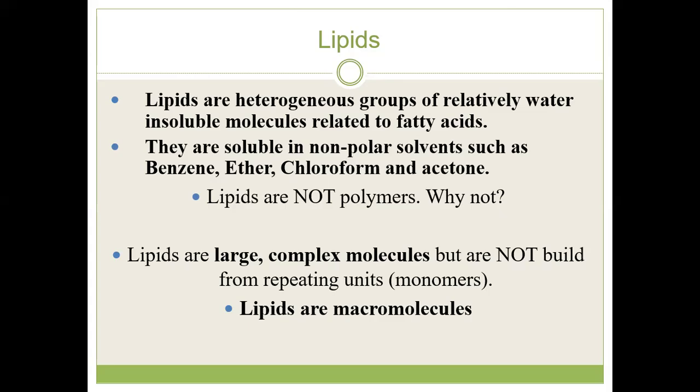Unlike the other macromolecules we talked about, carbohydrates, nucleic acids, and proteins, which are polymers of monomeric units, where protein is a polymer of amino acids, nucleic acid is a polymer of nucleotides, and carbohydrates are polymers of monosaccharides, lipids are not polymers.